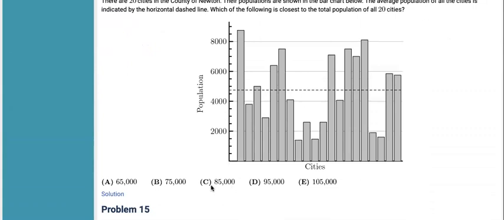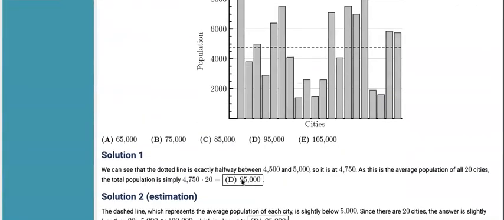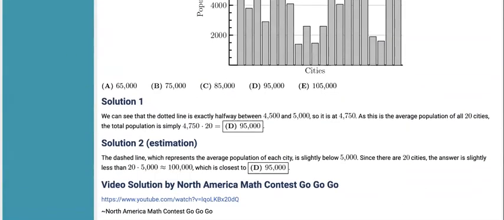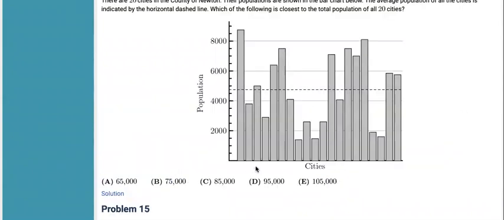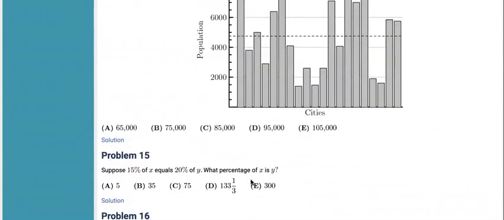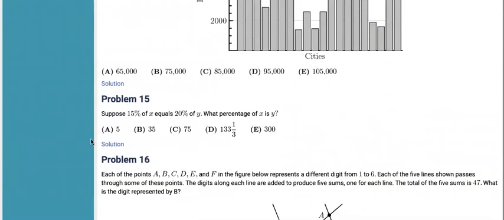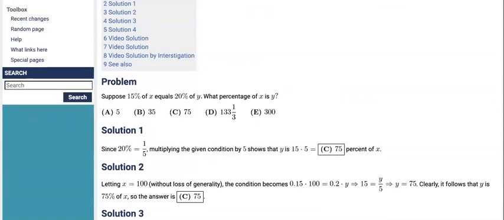This was kind of a pain. We almost made a mistake and chose C, but we actually said D was the answer. Aha. Indeed, it was D. Okay. We said this one was 75, right? Yeah. 75% of 100 is 75.